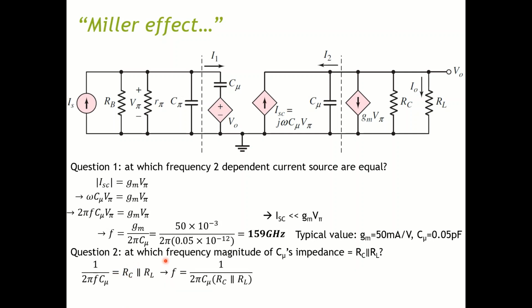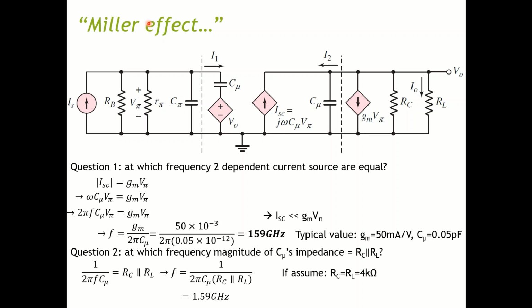Now I can write this as a function of f like this. If I assume nothing crazy here, just typical numbers, RC equals RL equal 4 kilo ohm, I have f equal 1.59 gigahertz. So with 1.59 gigahertz, there's a chance that you may come close to this.